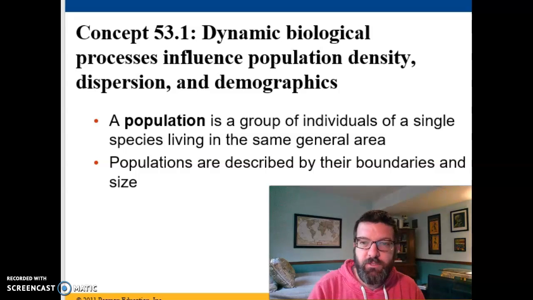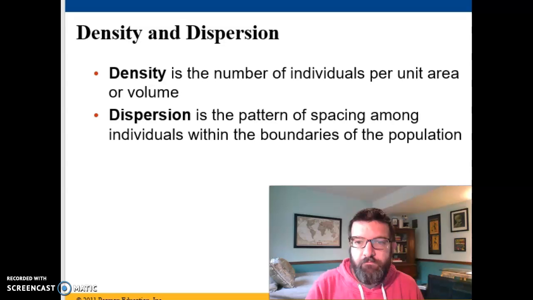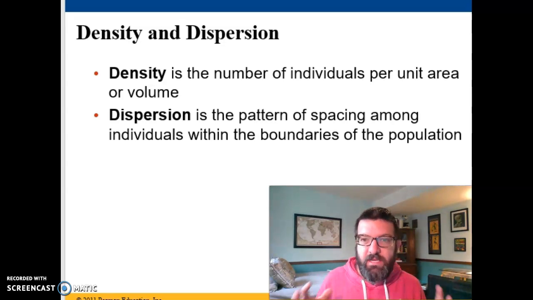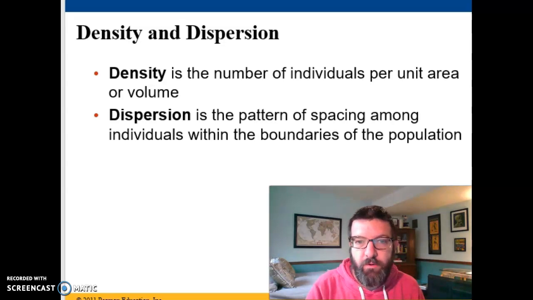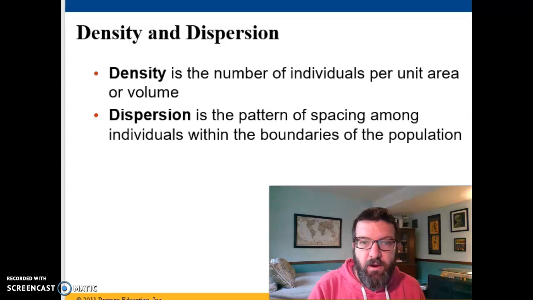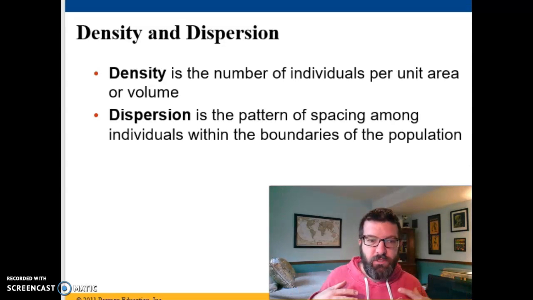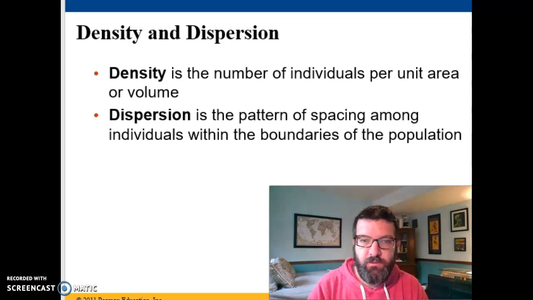We describe them essentially by their size, their boundaries, and we can characterize populations by their density, essentially how many individuals there are per unit area, or volume if you're talking about water or air or soil, I guess, or dispersion, right? So how are individuals spaced? Are they clumped? Are they uniformly spaced?